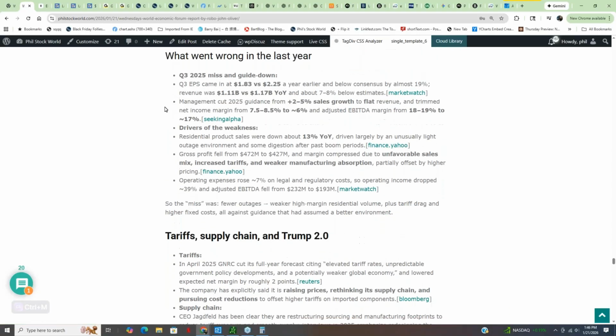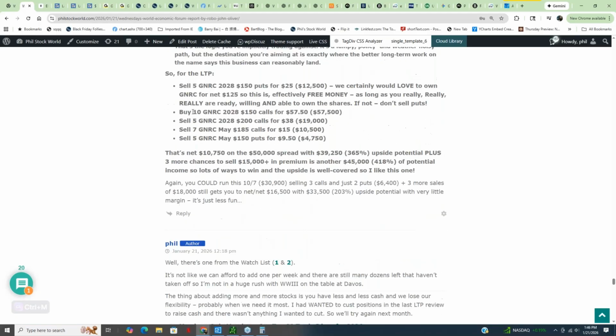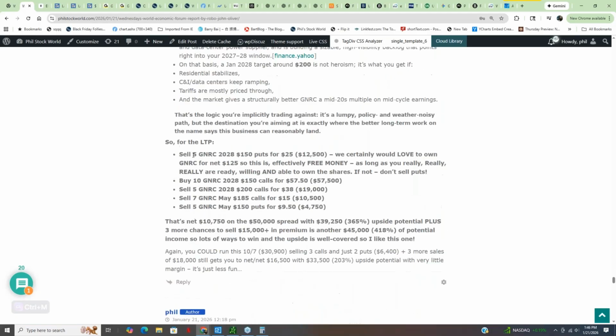But in the end, what we're doing is, you see what I say here? Sell 5 2028 150 puts for $25. So you get 25 in your pocket now. You promise to buy them for 150. That's net 125. I absolutely want to own them for 125.